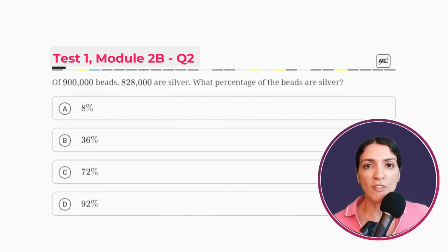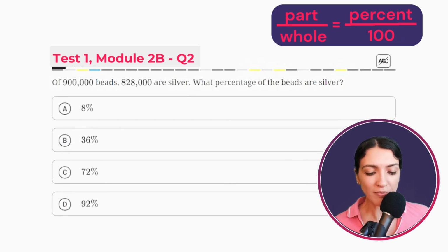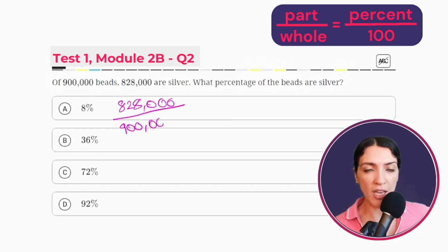This question involves percentages. Now, percentages show up a lot on the SAT, so it would be best if you memorized how to calculate them. For us here, part is 828,000, and the whole is the total number of beads that we have, which was given as 900,000. Our percentage is unknown, and we divide by 100.